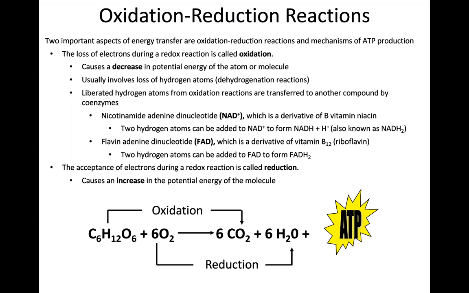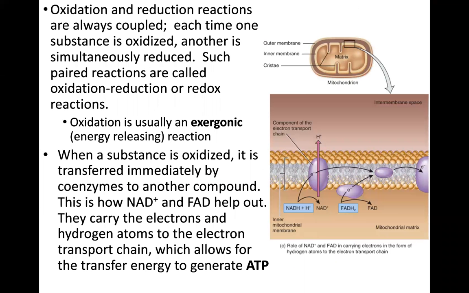Whereas reduction is the acceptance, or the gaining, of electrons during a redox reaction. Those two reactions are coupled to one another. In fact, what that means is that anytime one substance is oxidized, another one is simultaneously reduced. So that's why we call them oxidation reduction reactions, or redox reactions for short.